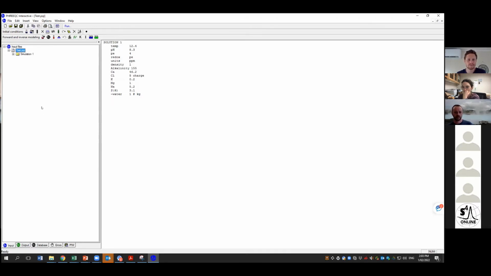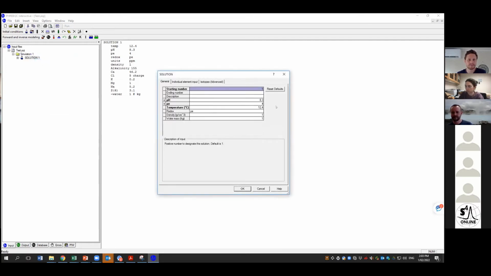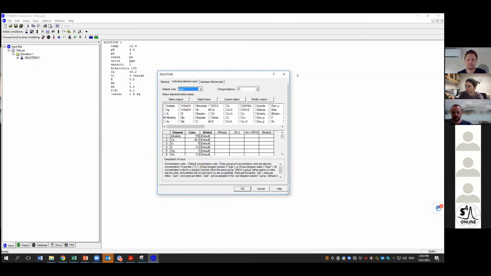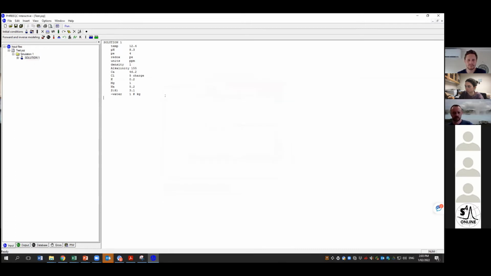So if we go back to our Explorer, solution 1, and edit it, we can then step through, oh, sorry, no, my bad. Rather than going here, go back to the scripting window, and this is where I just need to play around a little bit to get it right.